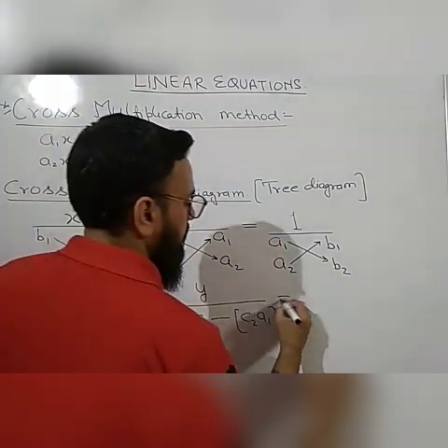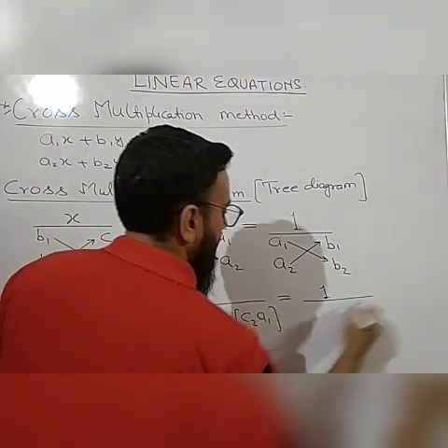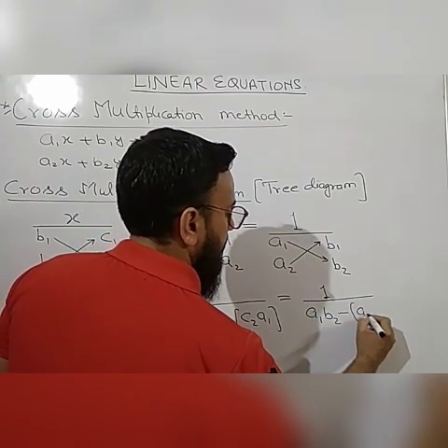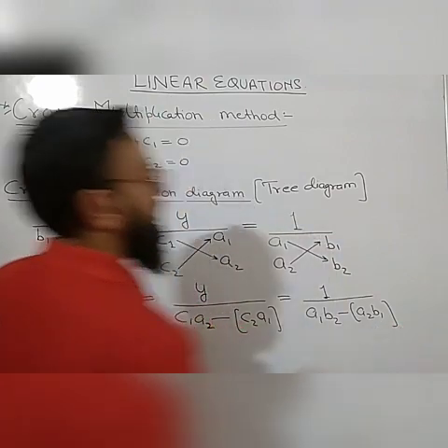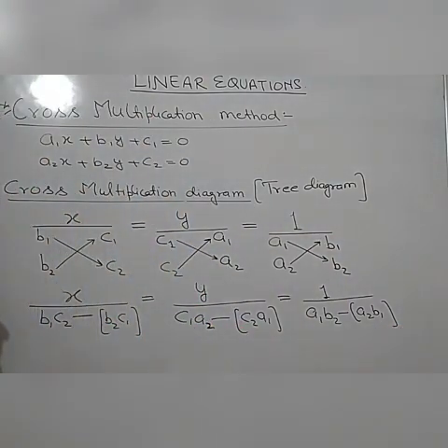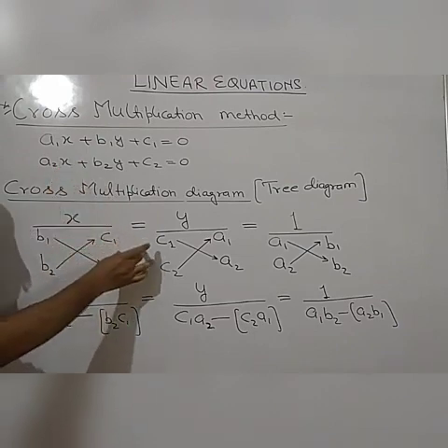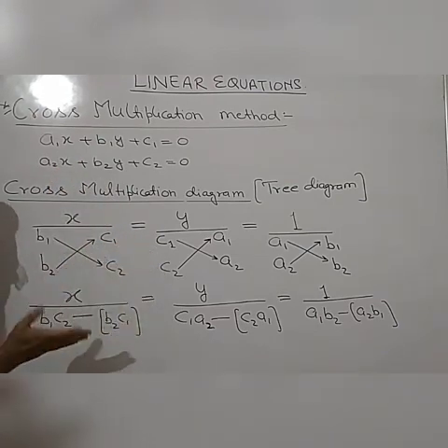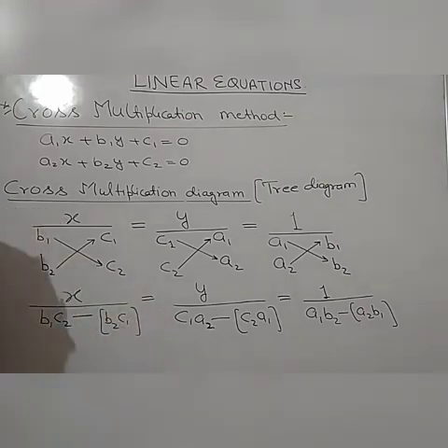And the third term is 1 upon a1 b2 minus, in bracket, a2 into b1. Clear? So first you draw this diagram, then cross multiply these terms and write it in this form.